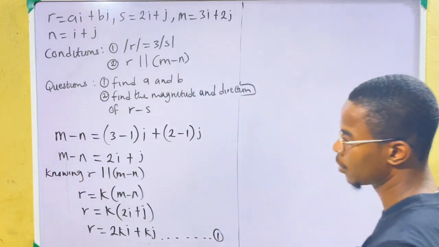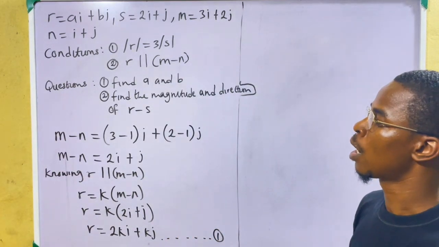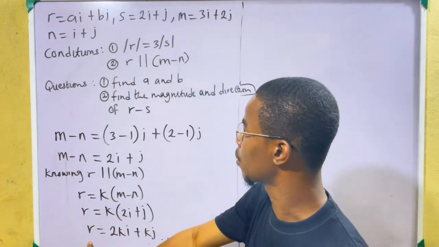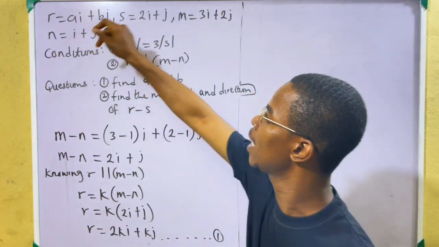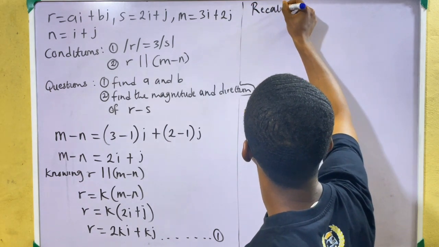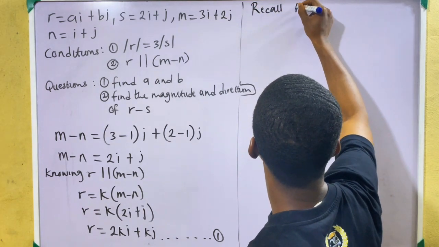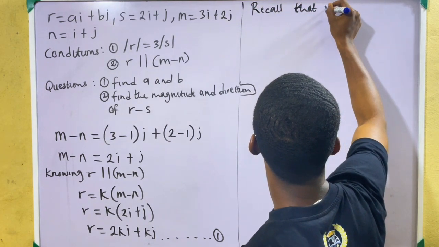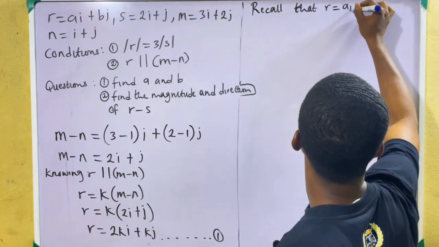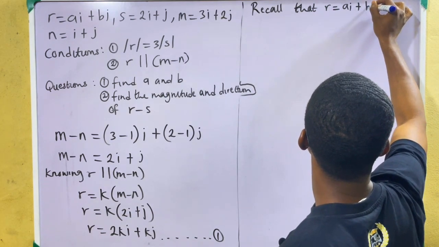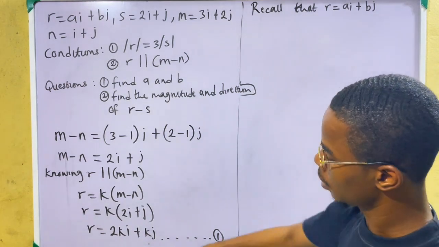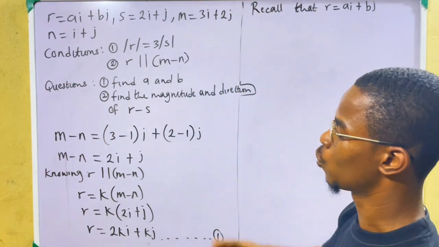Now, this was first of all given in our question, recall that r equal to ai plus bj. Now that simply means r is still r, so we can equate them.